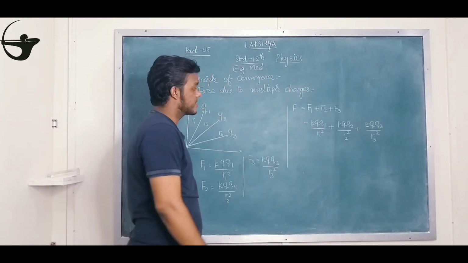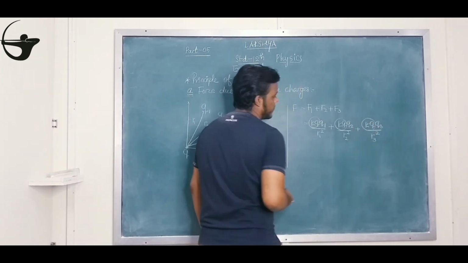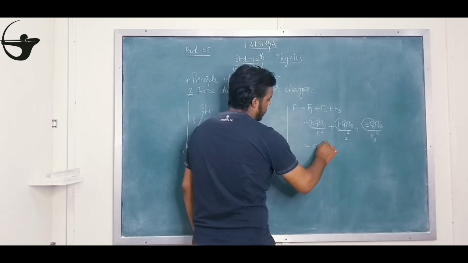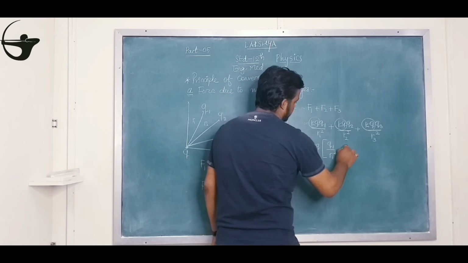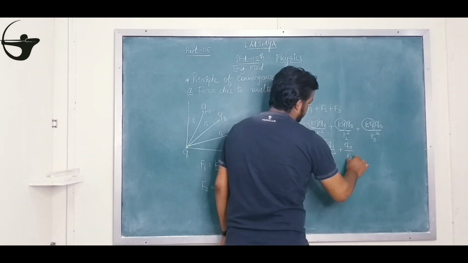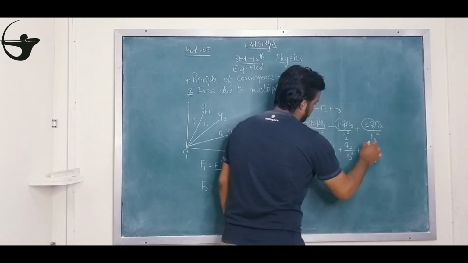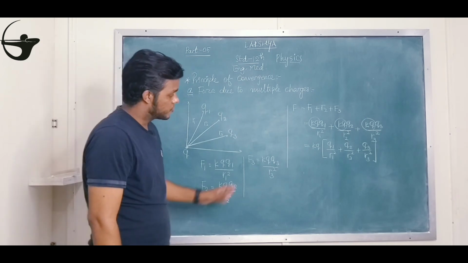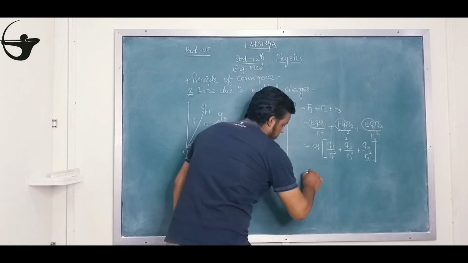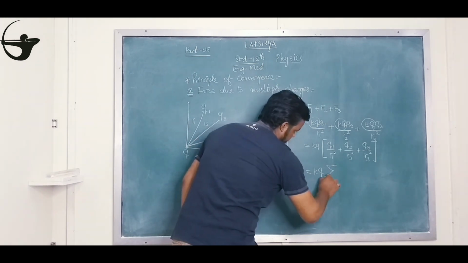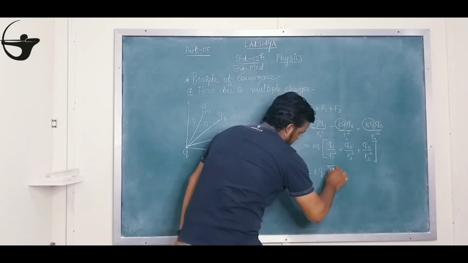Now you can see that KQ is a common factor. So we will take KQ common, and what will remain? Q1 upon R1 square plus Q2 upon R2 square plus Q3 upon R3 square. Now to sum this up as a general formula, we should write KQ sigma, which is the representation of addition, i equals 1 to n.